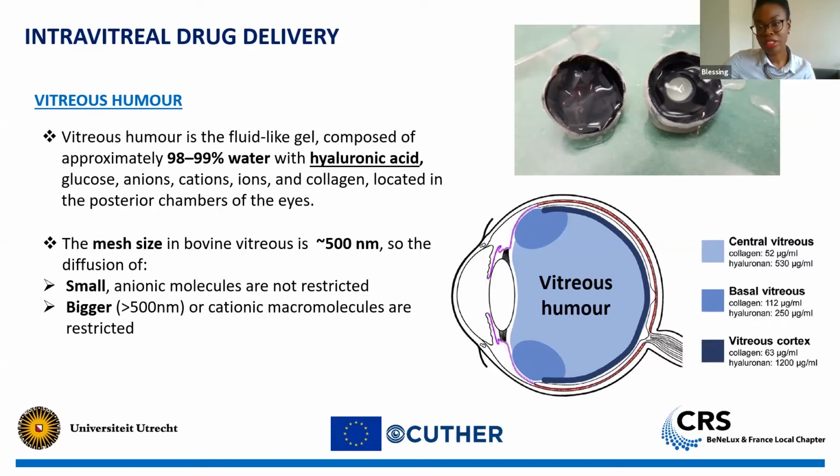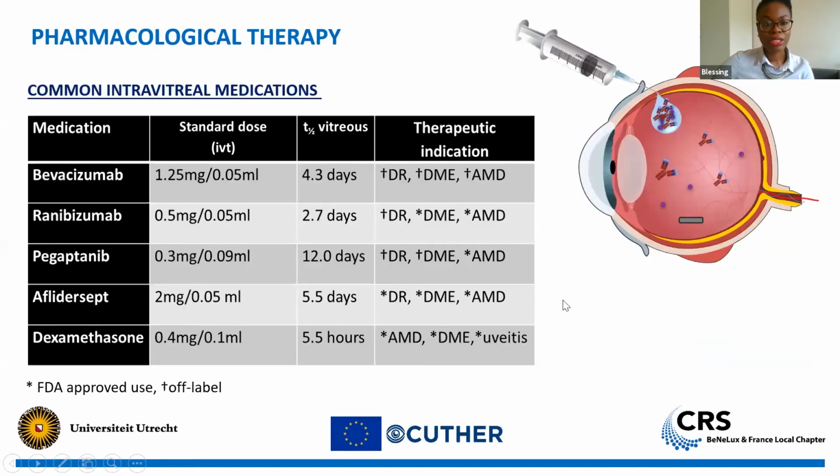It's also important to see that in the eye, the vitreous is not homogeneous. You have places where it's much more dense and other places which are much more liquefied. The drugs that are used are bevacizumab and ranibizumab, and these are anti-VEGF drugs because, as I said, they are used to counteract the effect of VEGF on the retina.